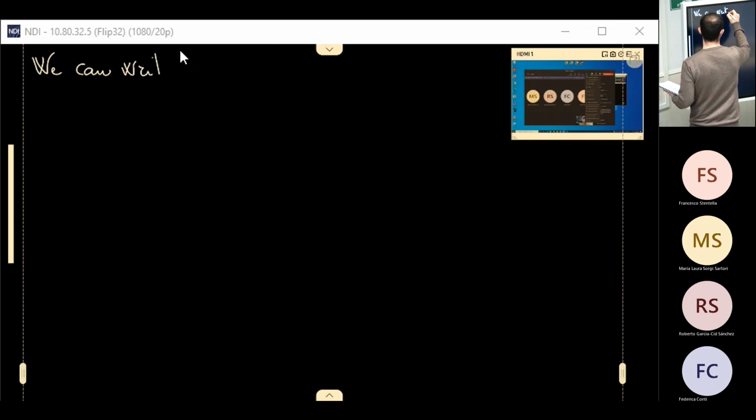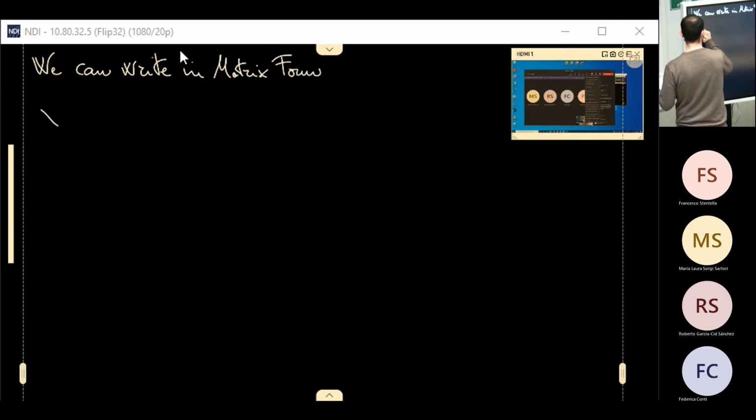Okay, so we proceed. Writing in matrix form as typical.